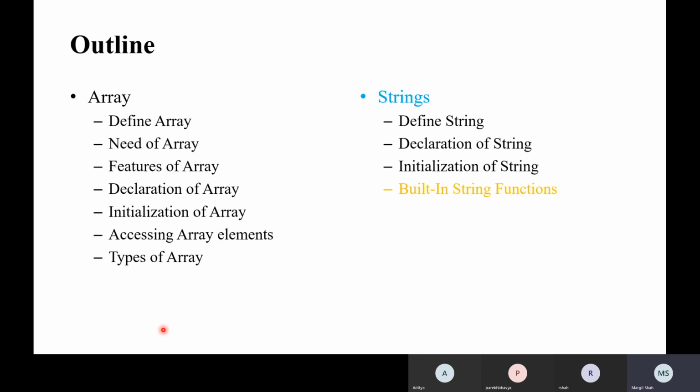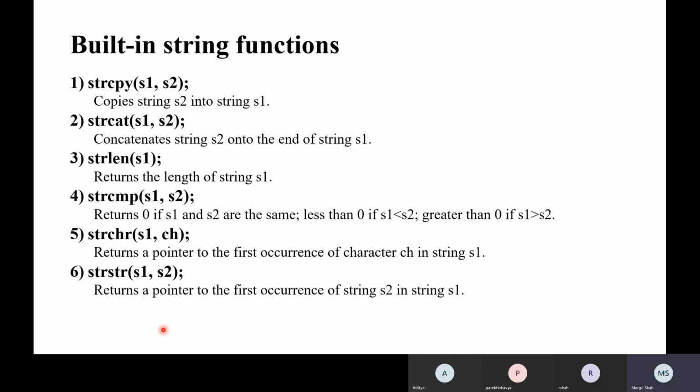There are certain built-in functions available for strings. Whenever we would like to use those functions, we need to include the library header file, that is string.h, right? These are the functions we may use directly for performing string manipulation.